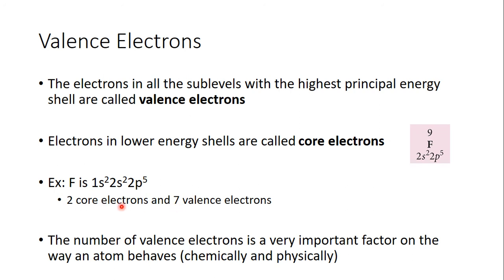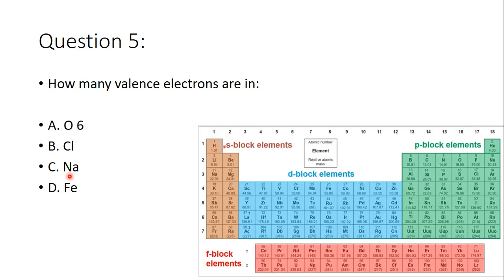And a core electron is any electron that's not in our highest energy level. So here we have 1s2. So we have 2 electrons that are core electrons. So how many valence electrons are there for these elements? I'll do oxygen for you.